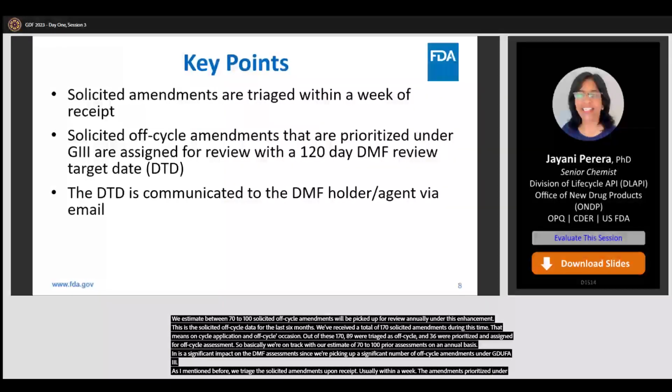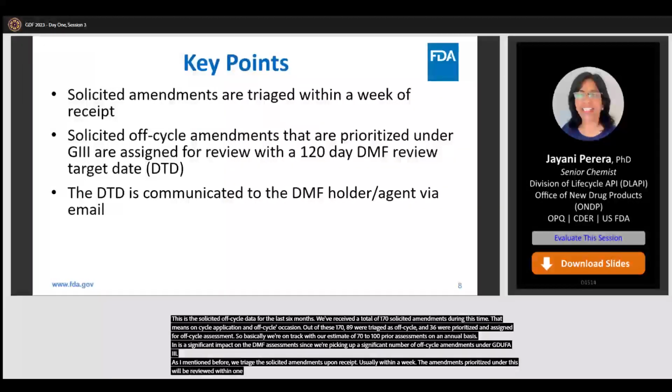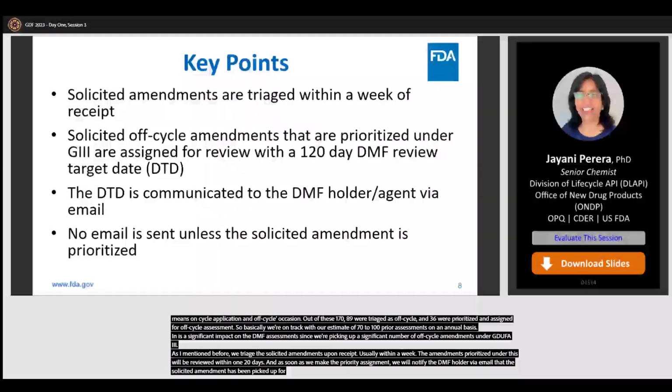As soon as we make the priority assignment, we will notify the DMF holder via email that the solicited amendment has been picked up for review and what the review target date is. Please note that no email is sent unless the solicited amendment is prioritized under GDUFA III.